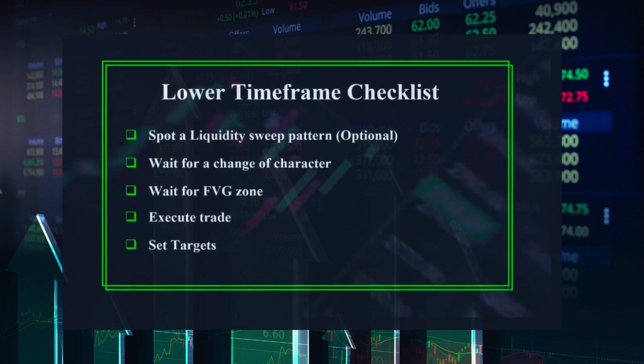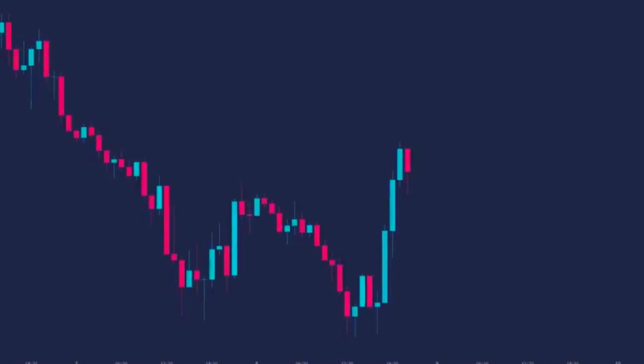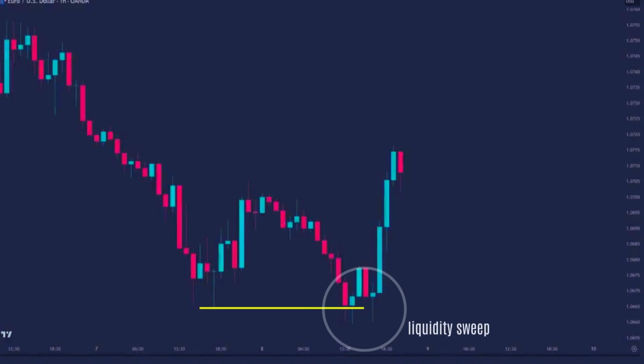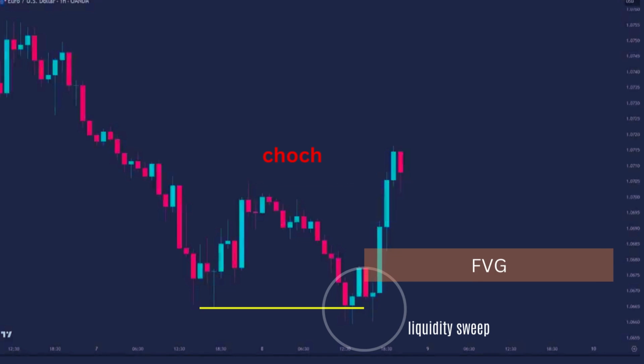Now, let's examine real chart examples. On the Euro-Dollar 1-hour chart, a downtrend shifted with a liquidity sweep pattern and change of character, indicating a bullish direction. We identified two fair value gap areas, with only one on the premium side considered a potential trading area.